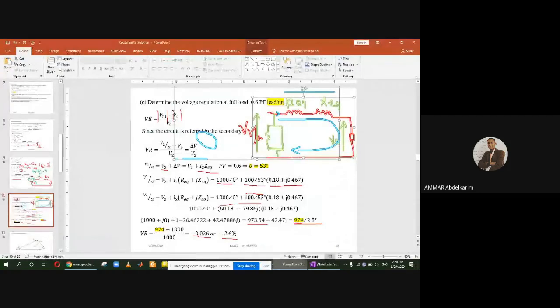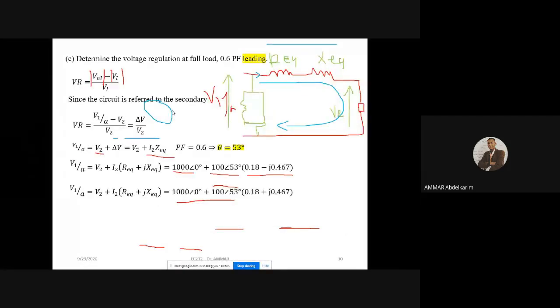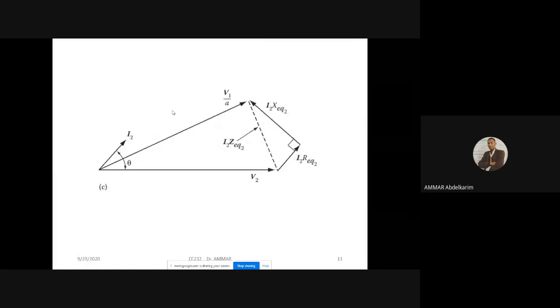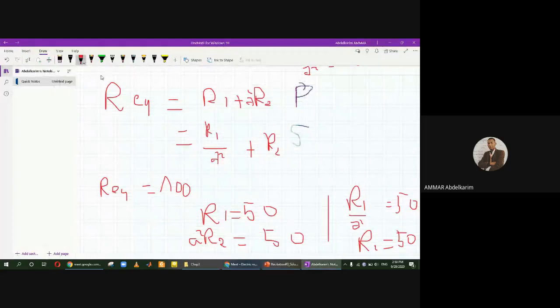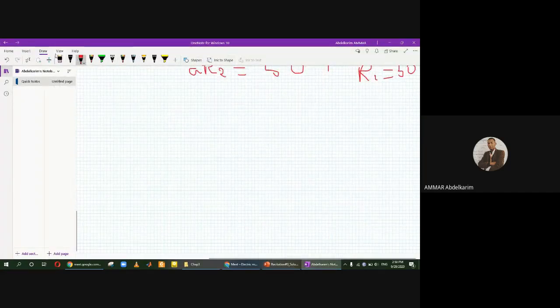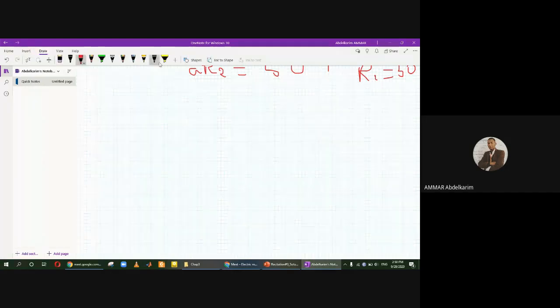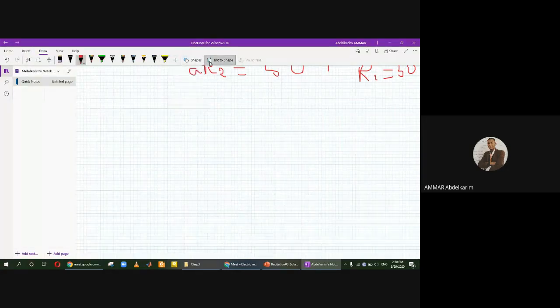The last question is the Phasor diagram. This is the Phasor diagram in the case of leading power factor, so we're going to do it together. In case of leading power factor, we always choose a reference.